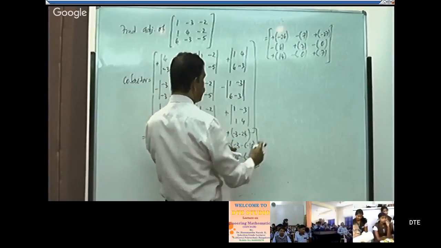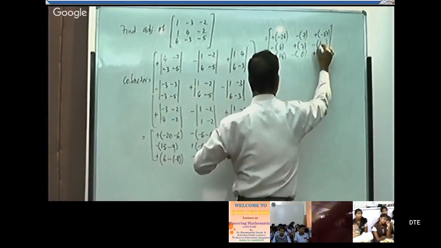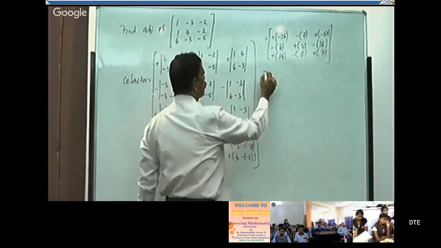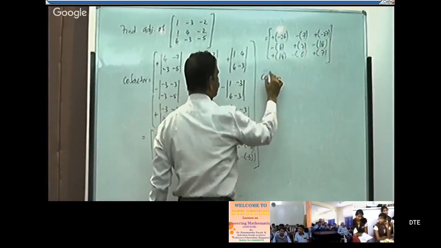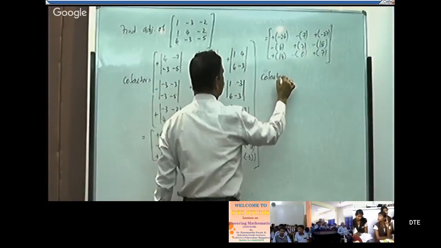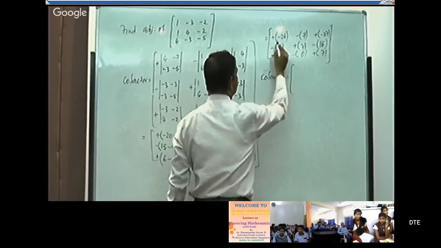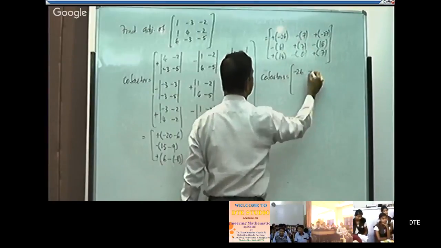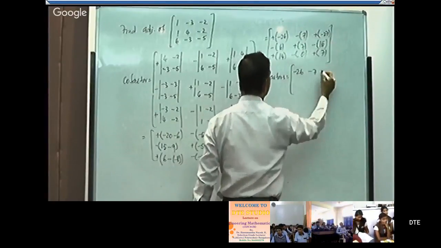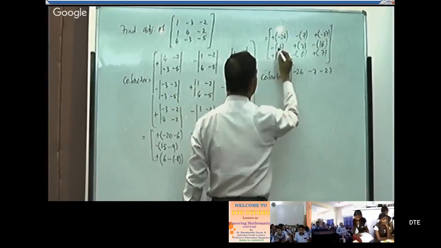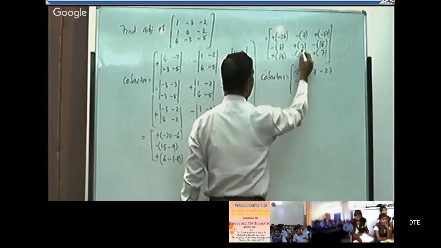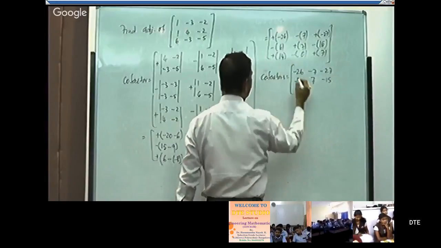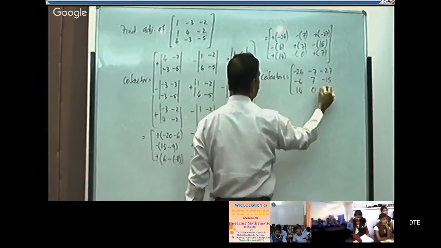Plus 18 minus 3, it is 15, not 0. So the cofactor matrix is plus minus 26, minus 7, plus minus 27, minus 6, plus 7, minus 15, 14, 0, 7.